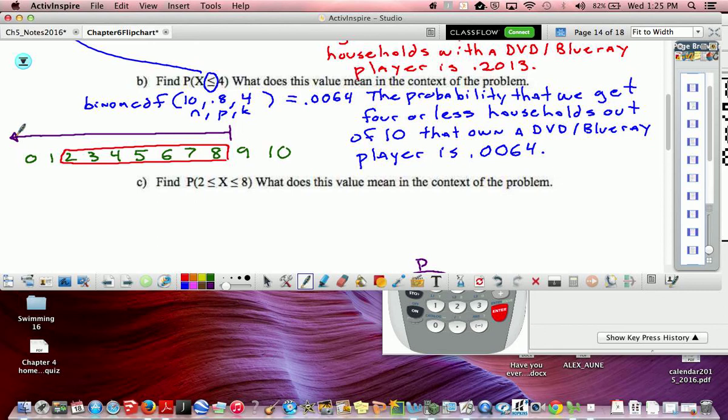What would I use? I could use binomial CDF and start by saying 10, comma, 0.8, comma, 8. That's going to give me all of these probabilities from 8 to 0.